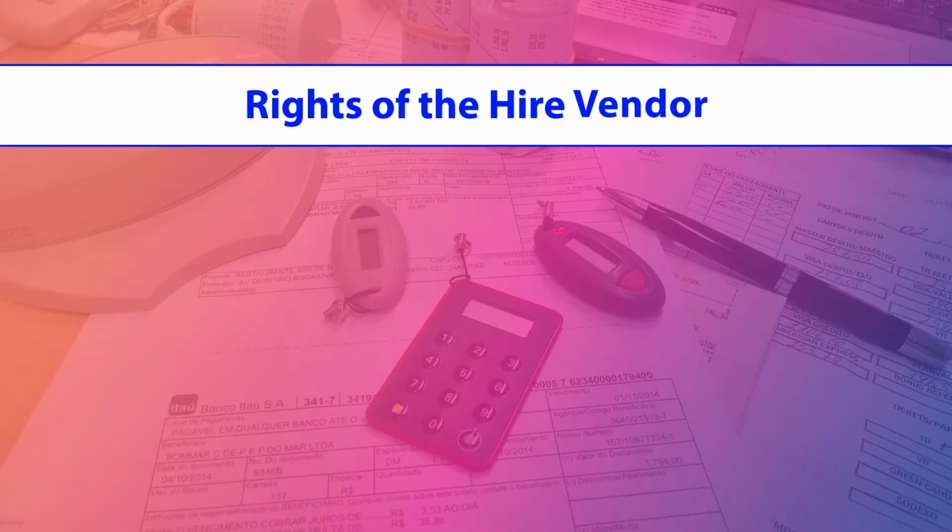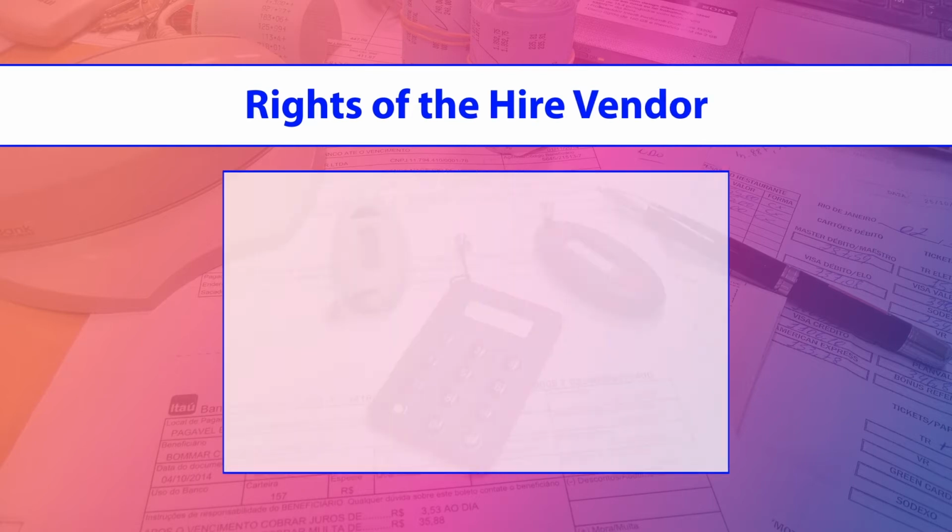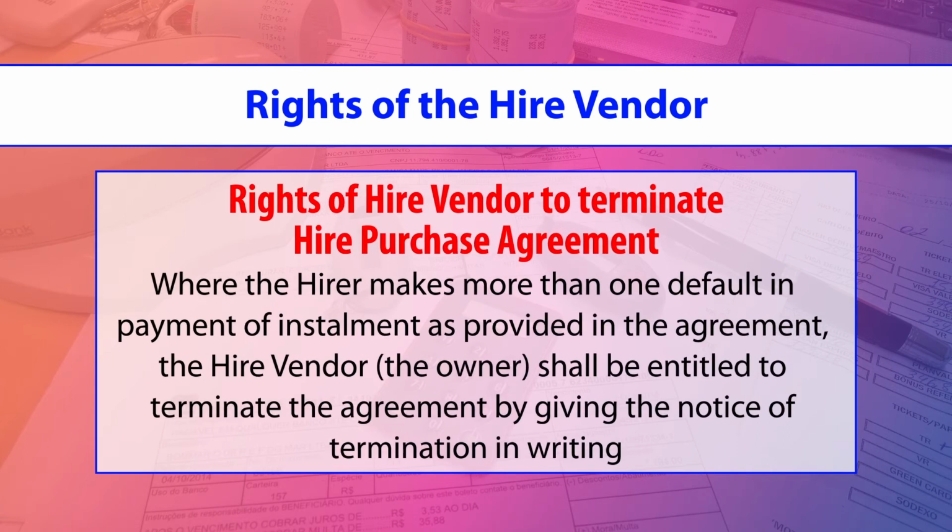Rights of hire vendor. Let us discuss what the rights of the hire vendor are. The first one is the right of the hire vendor to terminate the hire purchase agreement. In case the hire purchaser fails to fulfill his commitment, the hire vendor has all rights to terminate the hire purchase agreement that had taken place between the hire purchaser and the hire vendor.